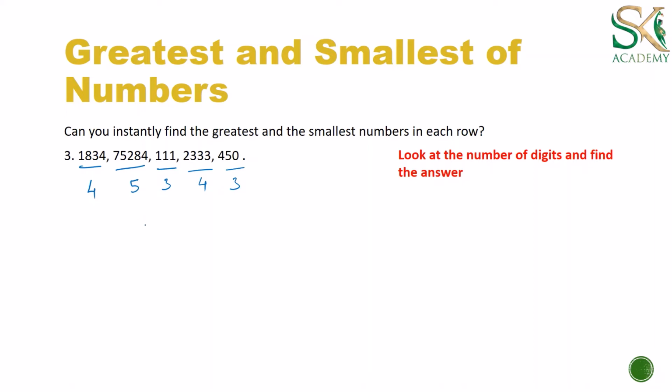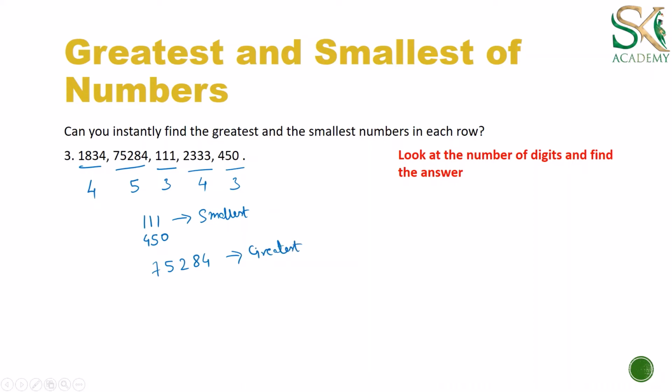Again we have 3-digit numbers, so 111450 will be the smallest number. Similarly, the greatest will obviously be the one with 5 digits, 75284.